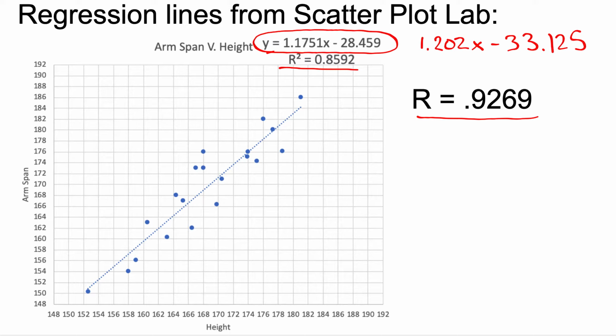Now notice 1.202 is very close to 1.1751. And negative 28 is close to negative 33. So this was my line of fit. Compare it to the line of best fit. It's pretty close. The line of best fit, though, is statistically the best match for the data given.